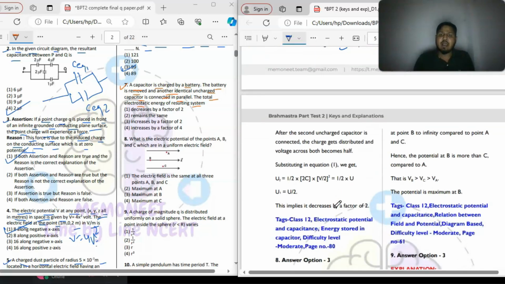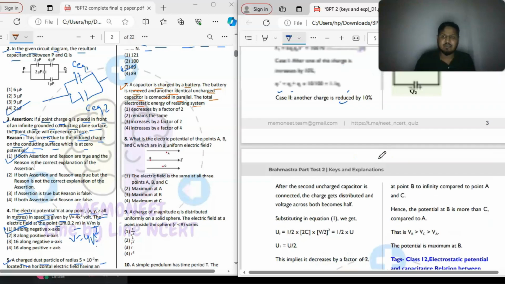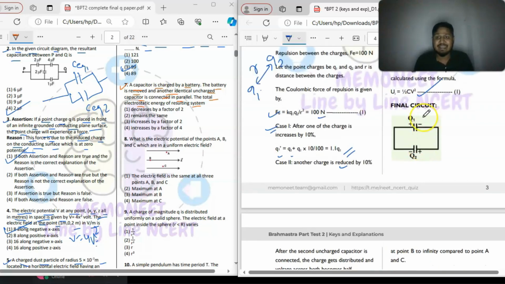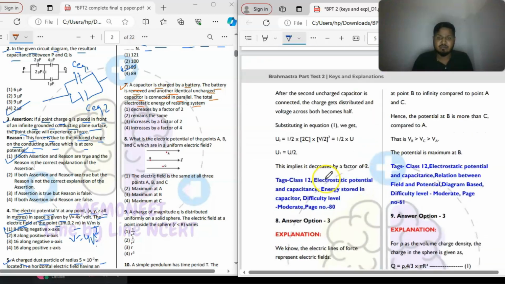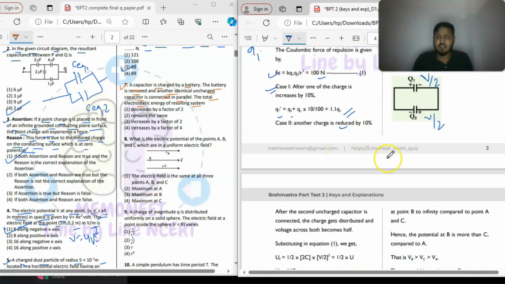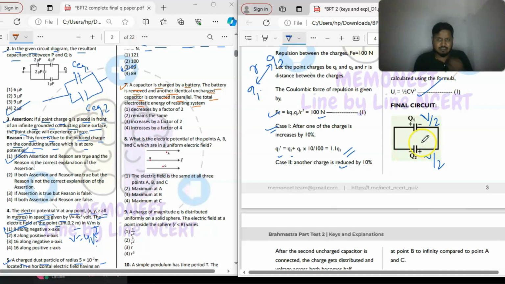The charges will distribute until the potential of both the capacitors is the same. This is V before the connection. So after connection, the potential on this is V by 2, and on this is V by 2. So this is one concept.